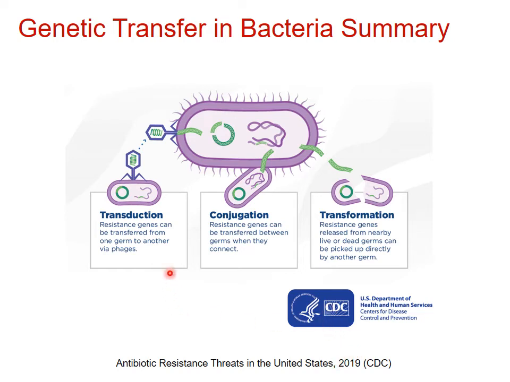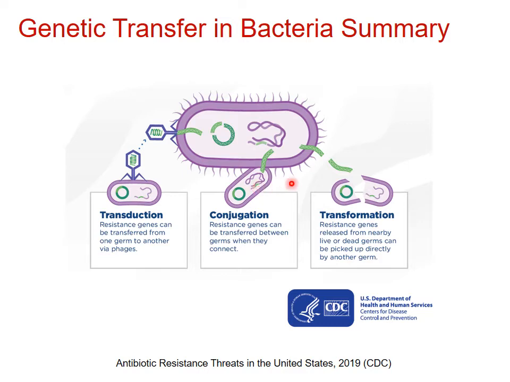And so these mechanisms that I've talked about in genetics and evolution class that many of you may have heard about are still a concern. Transduction, where bacteriophage mediate the transfer of genetic material between bacteria. Conjugation, where bacteria contact each other through a pilus, or through pili, and transfer plasmids between bacteria.